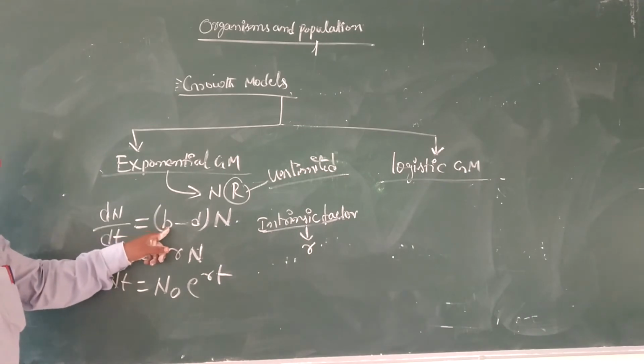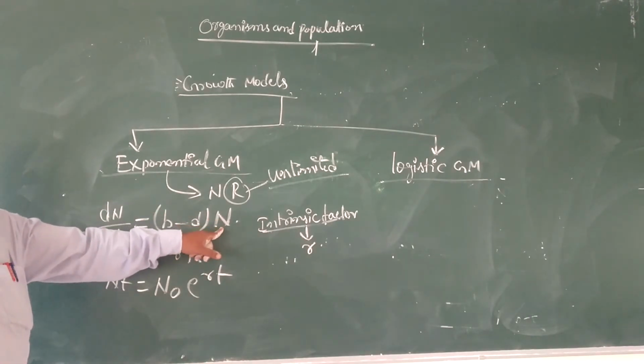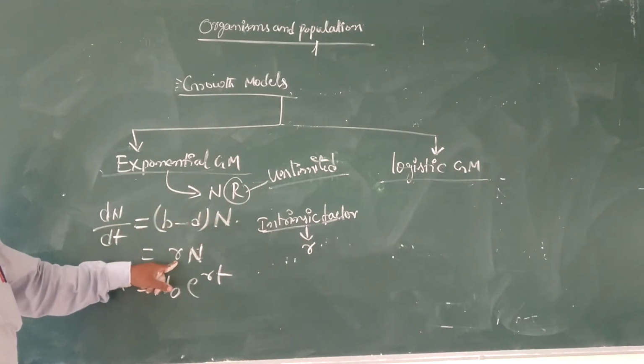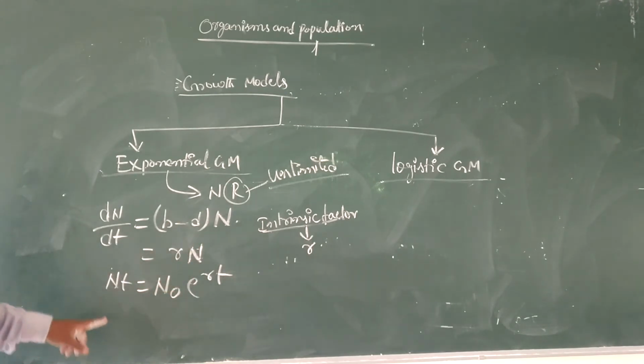Here b means birth rate, d death rate, N population density, small r intrinsic factor.